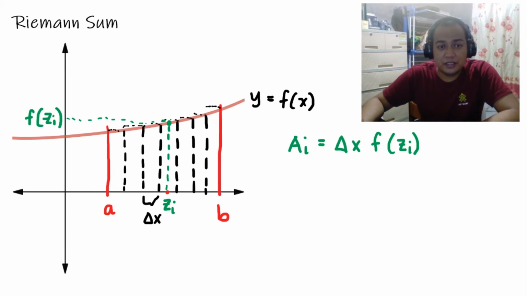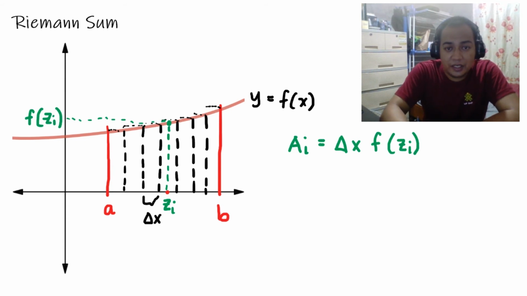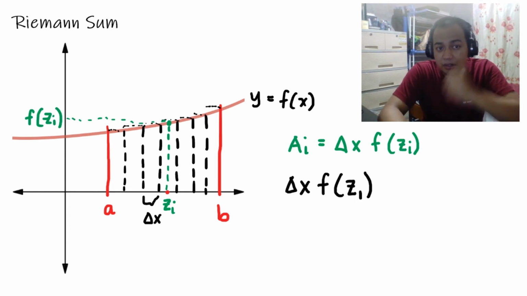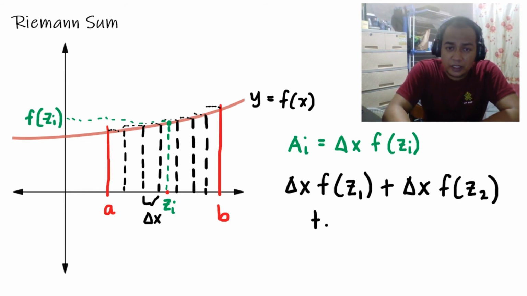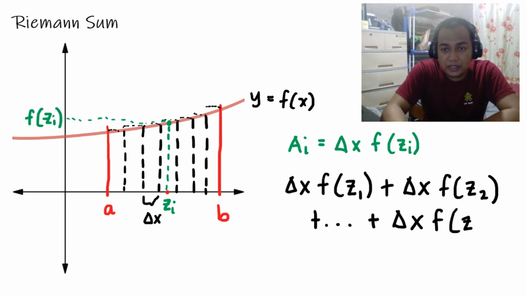Since the bases are all the same, the first rectangle has an area of delta x times f of z sub 1. For the second rectangle, the area is delta x times f of z sub 2, and we can go on until the last rectangle, whose area is delta x times f of z sub n.